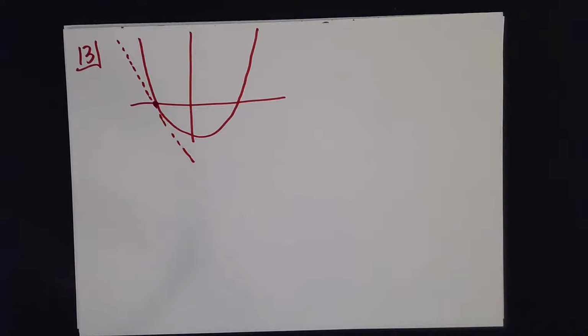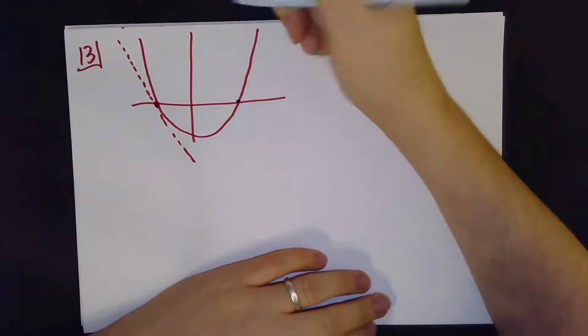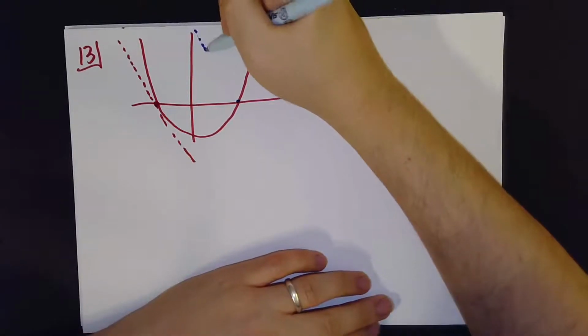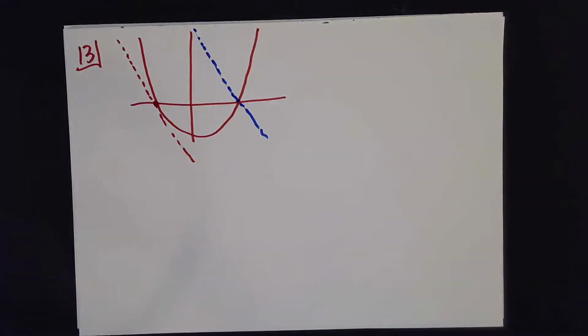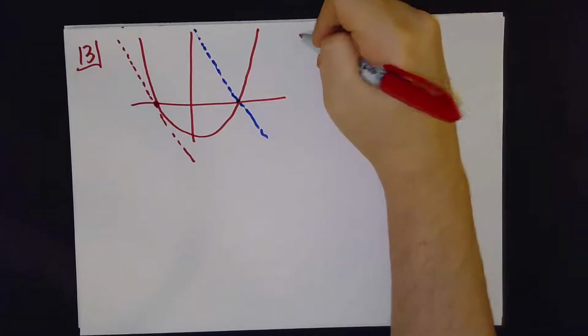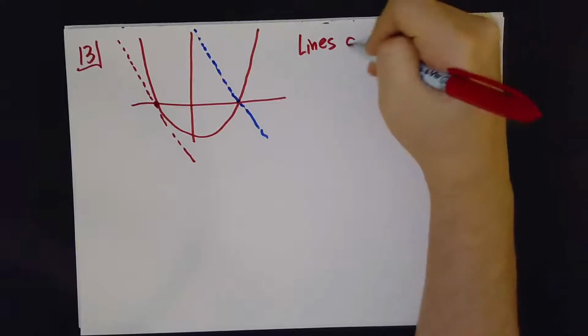Okay, and just as before, just to keep track of what's going on, I'm going to go ahead and draw in the lines in different colors just so I can refer to them. Okay. And note these two lines are parallel, so they have the same slope.